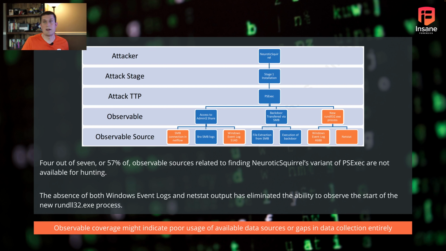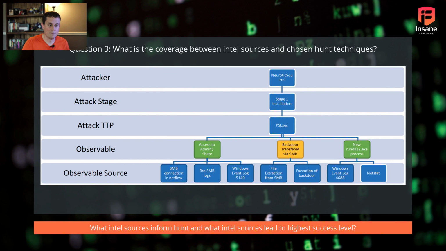You can say, we're at 57 now, let's try to get to 60 or 75, and you can set a real baseline threshold for your hunting program. And like we said, the absence of things for that SMB backdoor being transferred, that's where you could say we just need to improve entirely there. So observable coverage here might indicate poor usage of the data source or entire gaps in data collection entirely.